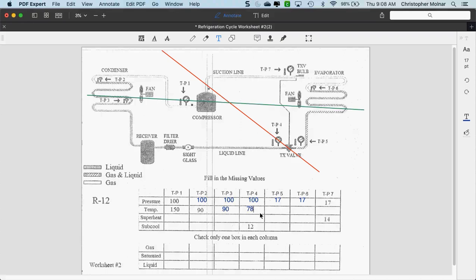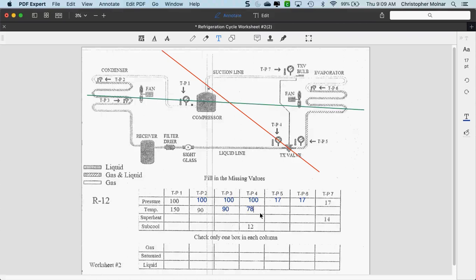No, 100 is the pressure. Okay, so we have a further decrease in temperature. Did you say 100 at first? Yeah, I did. That's why we got 88. You guys got me confused.